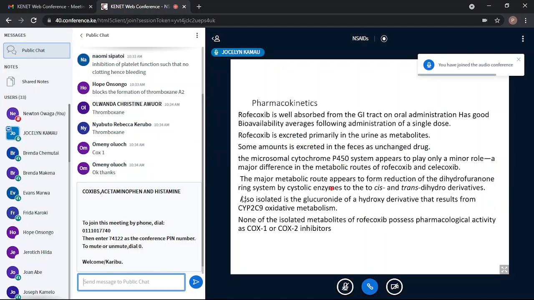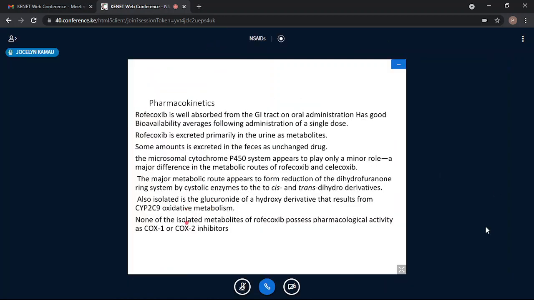We call them cytosolic enzymes, to either the cis and trans dihydro derivatives. Also isolated is the glucuronide of the hydroxyl derivative, which is also from, again, the cytochrome 2C9 oxidative metabolism. None of the isolated metabolites had pharmacological activity for either COX-1 or COX-2.